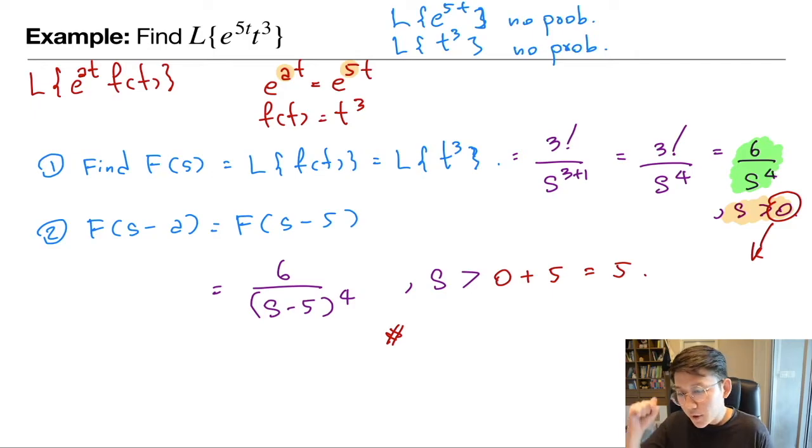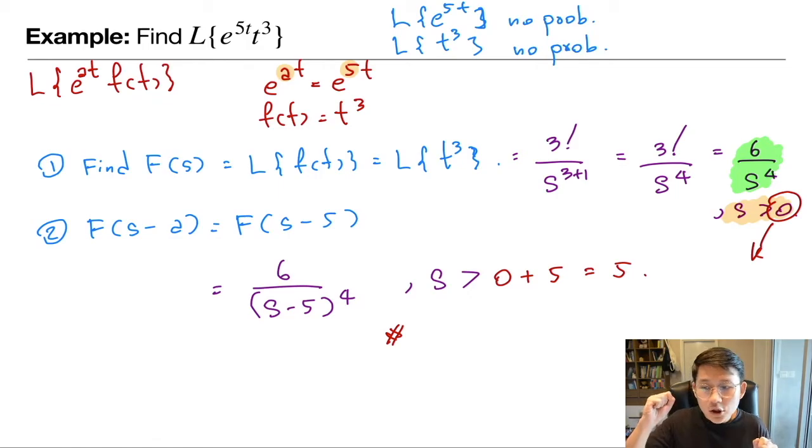Okay, so here, if you want to find the Laplace transform of e to the 5t t cubed, you don't have the formula for e to the 5t t cubed, right? We only have the formula for e to the at or t to the n, right? But we don't have the formula for the product. Make sense?